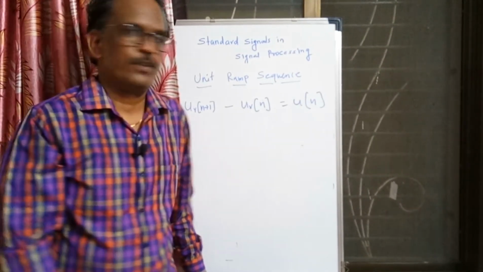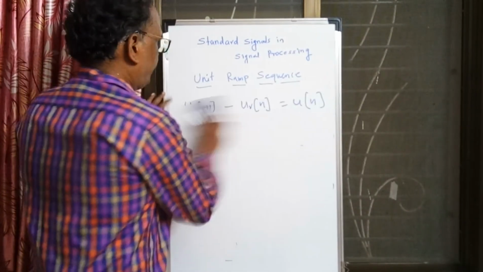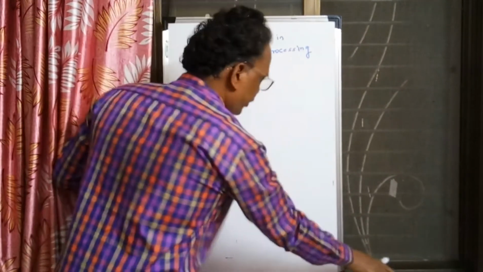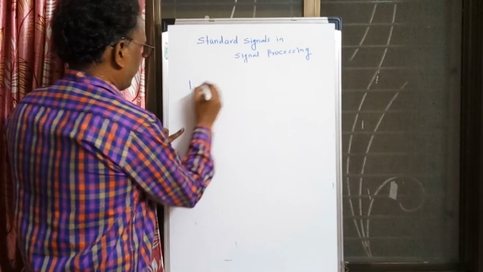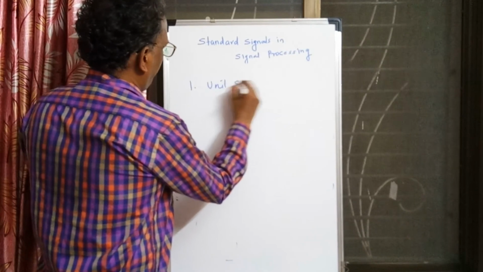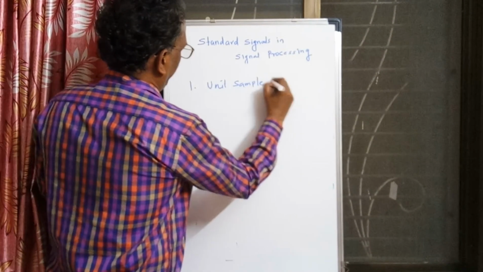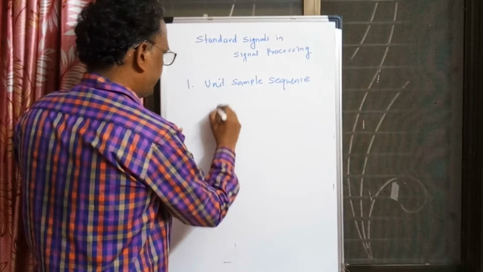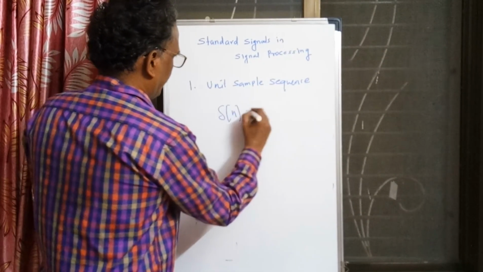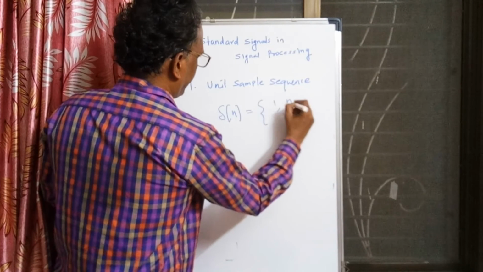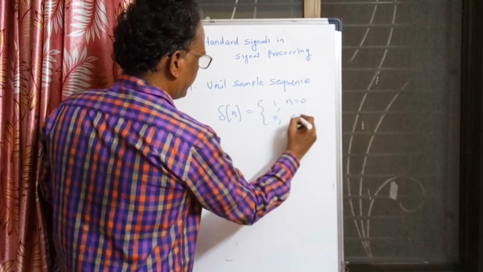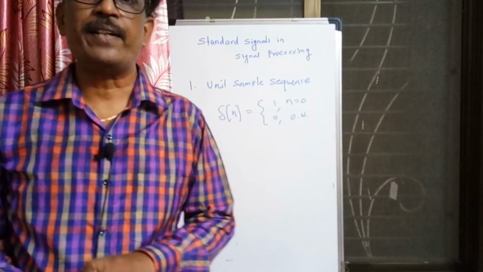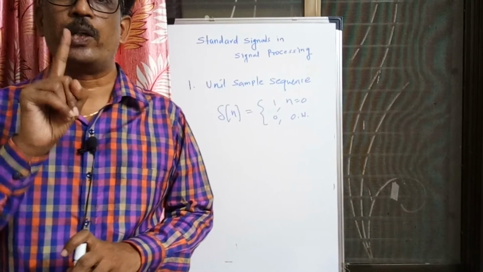So in discrete time standard signals, we have seen the unit sample sequence. This is the delta function, denoted by delta(n), and it is 1 for n equal to 0. It is a single sample sequence having amplitude 1 at n equal to 0, existing at only one point.